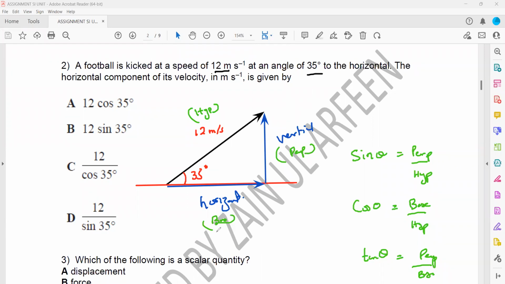We need the horizontal component, and we have the hypotenuse. Which ratio includes the horizontal component? The base is the horizontal component.